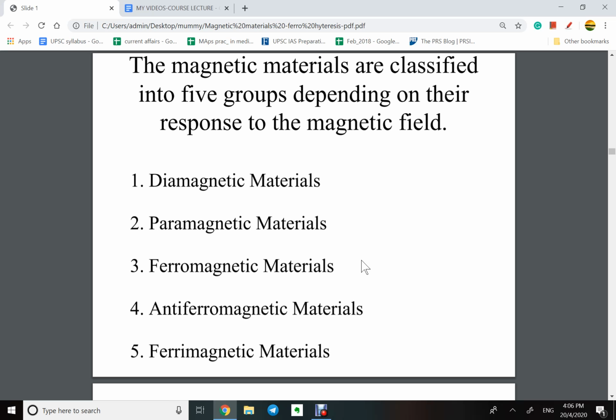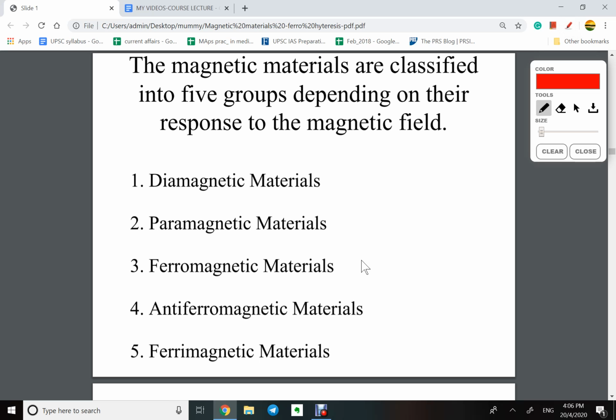Depending upon the magnetic permeability, magnetic susceptibility, we have 5 types of magnetic materials, which is shown in this slide. Diamagnetic materials, paramagnetic materials, ferromagnetic materials, antiferromagnetic materials, and ferrimagnetic materials. Each material has its own distinct feature.